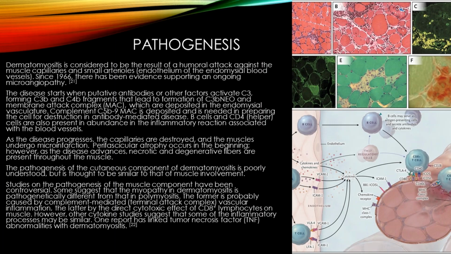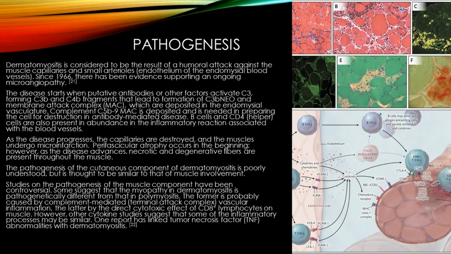The disease starts when putative antibodies or other factors activate the C3 complement component, forming C3b and C4b fragments that lead to formation of C3b neo and the membrane attack complex, MAC, which are deposited in the endomysial vasculature. Complement C5b-9 membrane attack complex is deposited and is needed in preparing the cell for destruction in antibody-mediated disease.